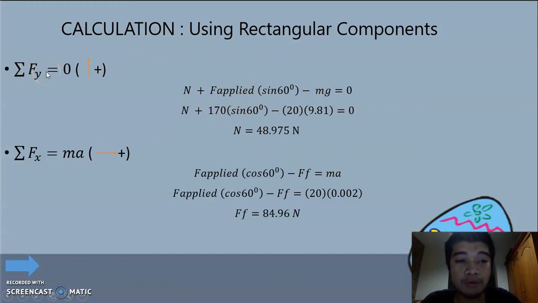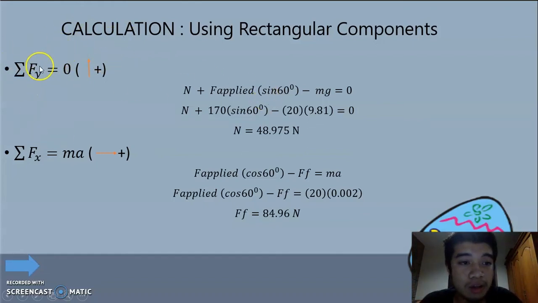In our free body diagram, we have two axes, the y-axis and the x-axis. For the y-axis, actually there is an ay here, but since our displacement is along the x-axis, we do not have ay, so I will make it 0.